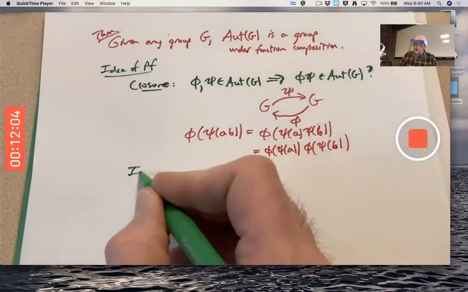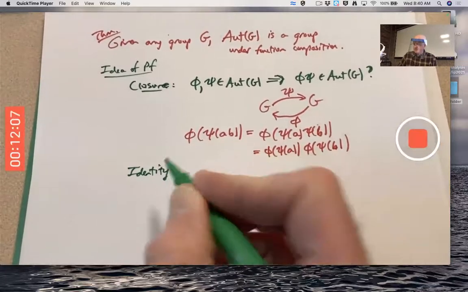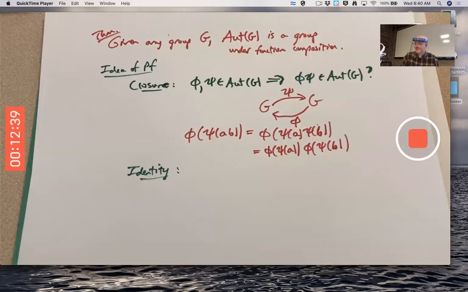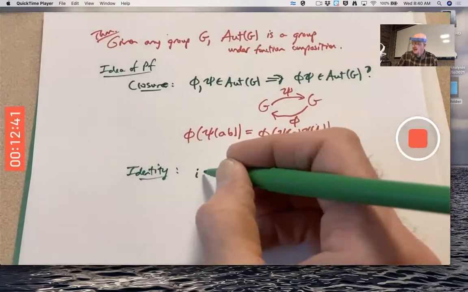Identity. What do you think is the identity? I was talking about it just 10 minutes ago for an example. What function is the identity in this group? Yeah, the identity mapping that maps everything to itself, which I've been calling ID.